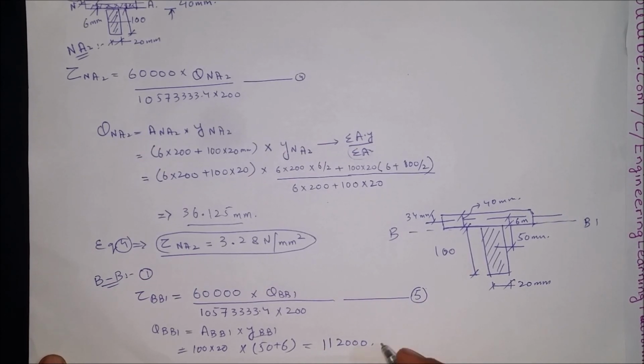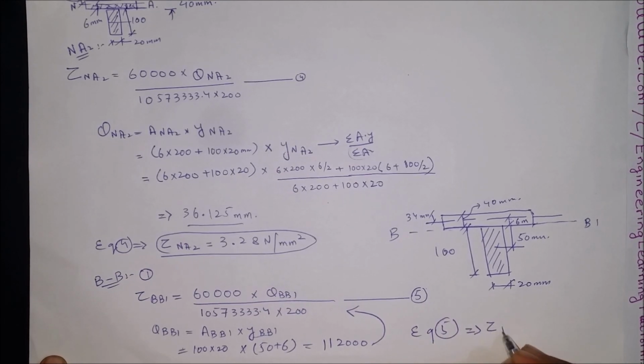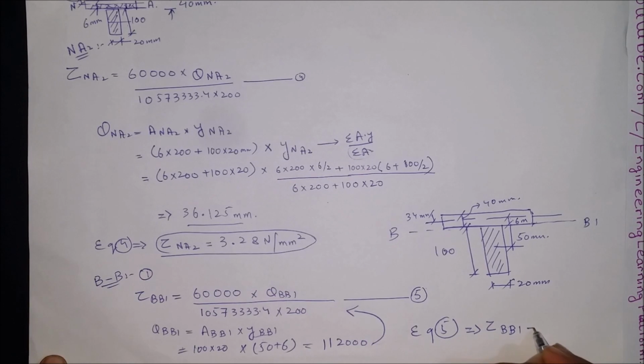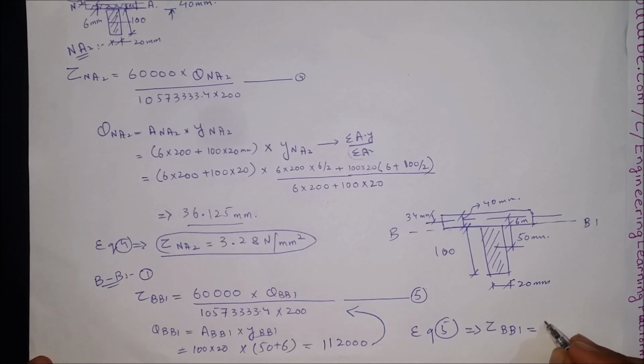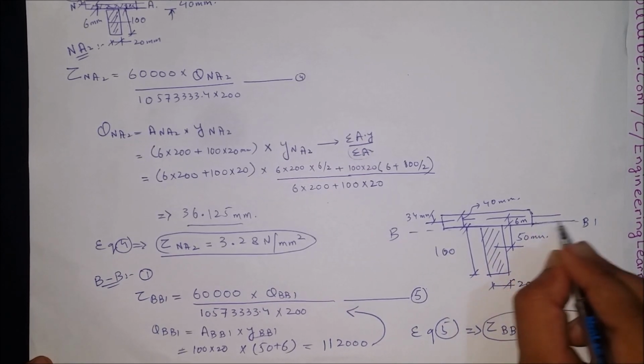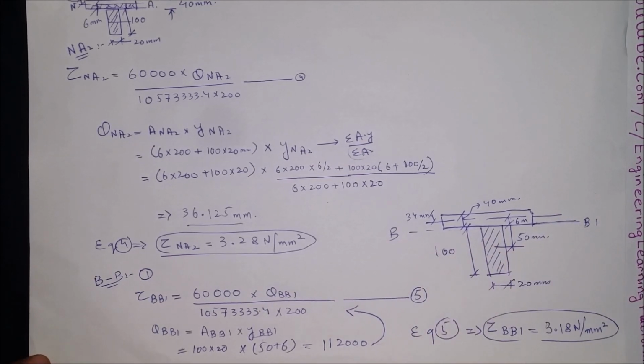So putting this value in equation 5 gives us a value of tau BB1 as 3.18 Newton per millimeter square at this fiber due to thickness 200.